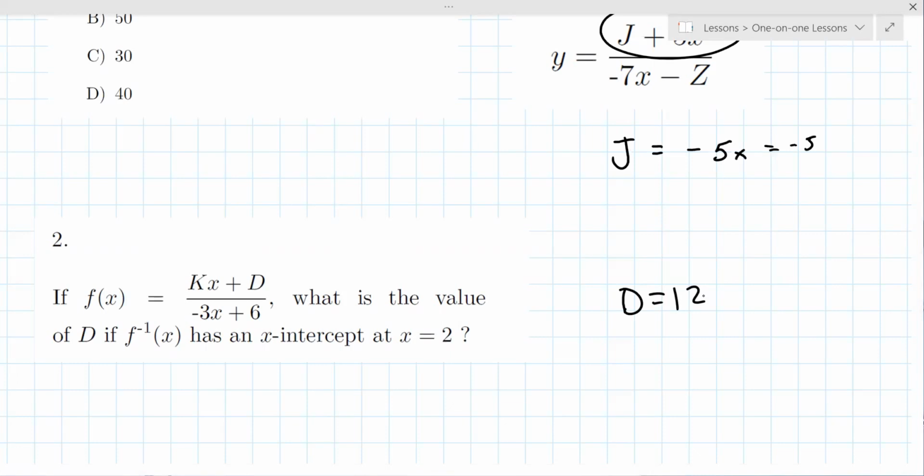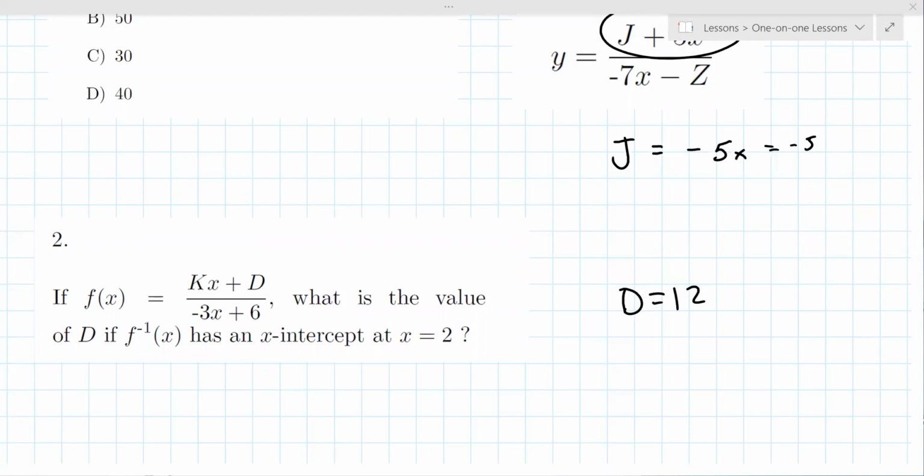I'm asking, we'll do a couple of problems, but it's really a vertical asymptote, so it's not going to be that different of a question.